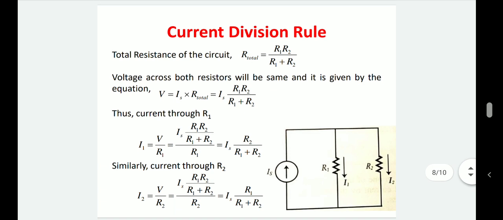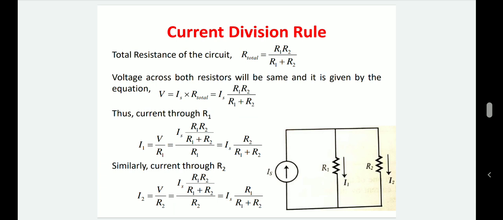Then next is the current division rule. Here also there are two paths for currents. We need to find out the current through each resistor. If we are not familiar with this current division rule, how can we find the current through each resistor?